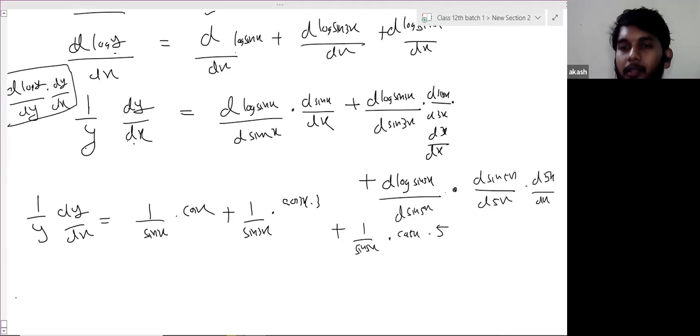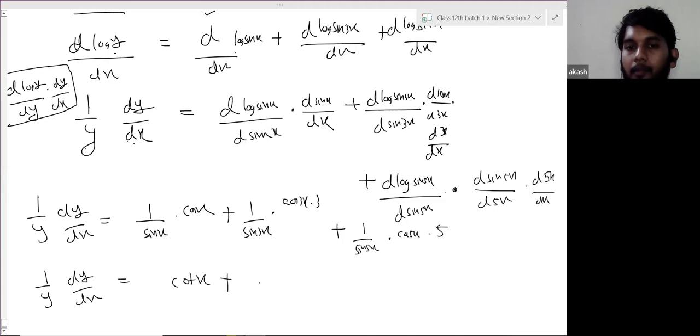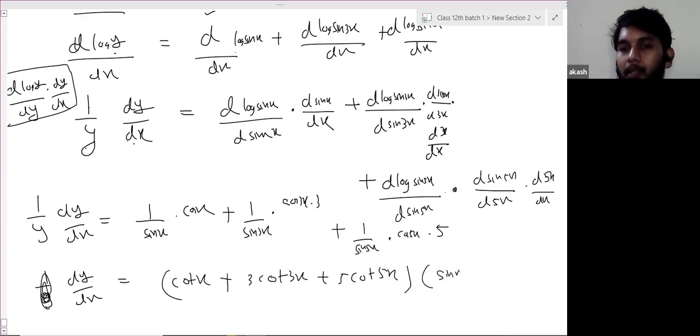Yes or no? Ishan, Shikani, Ronaldo? All right. So 1 upon y dy by dx is cot x plus 3 cot 3x plus 5 cot 5x. If we multiply y to this side and put the value of y, which was sin x, sin 3x, and sin 5x, this will be your final answer.